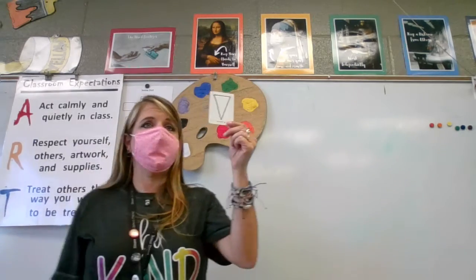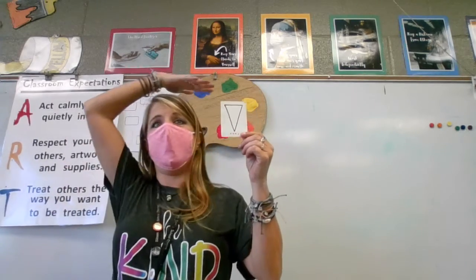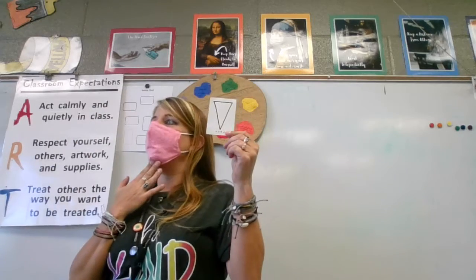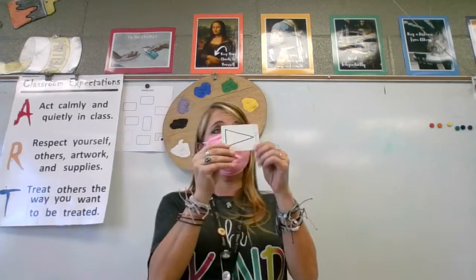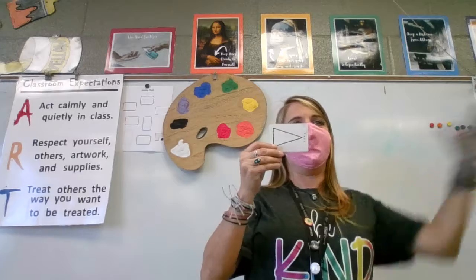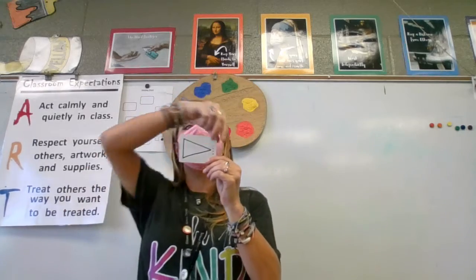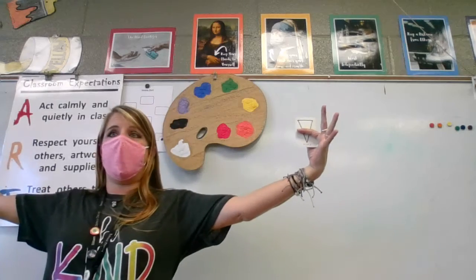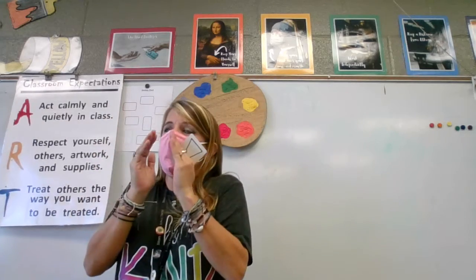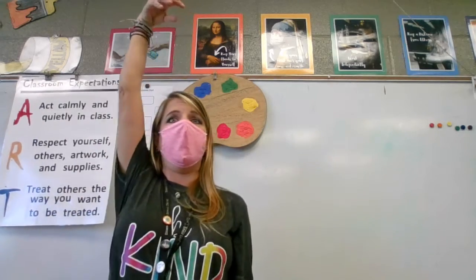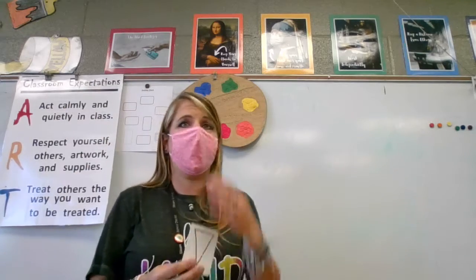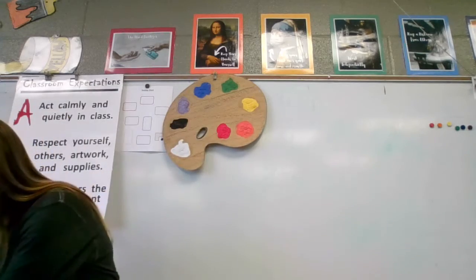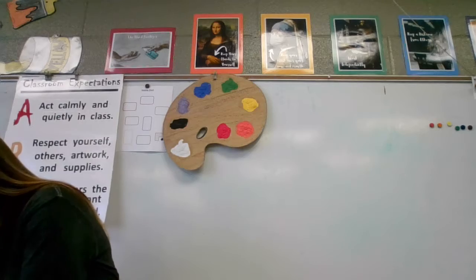And if you drew it like this, that would mean your character has a flat head and a very pointy chin. Or you could turn it this way, so it's pointy over here and flat over here. That's up to you. You could make your triangle really, really big or wide, or you can make it really small or tall and narrow.